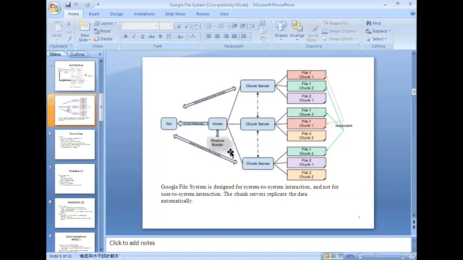The chunk server physically holds the chunk data, and whatever operation you perform is performed on the block of data itself, and it produces the results. In such a way, operations are performed on large files.